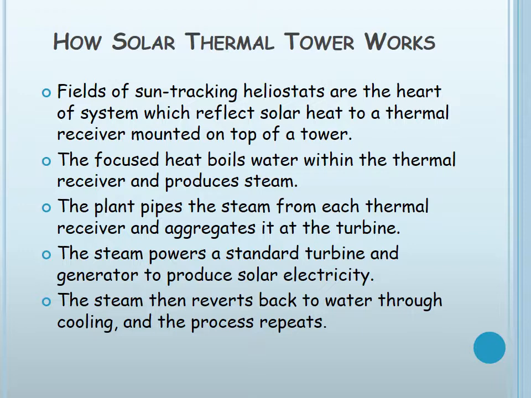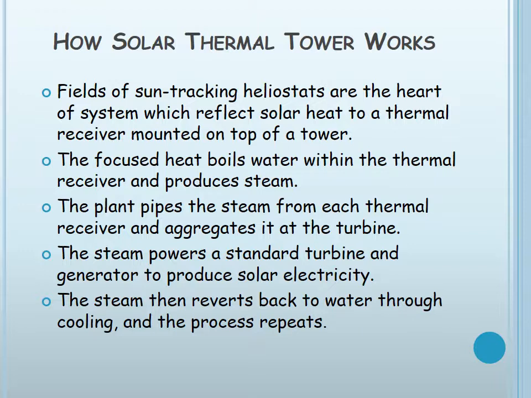So it's a simple technique. The heliostats take the sunlight and reflect it onto the tower. The tower contains fluid. Due to the heat, the fluid gets heated up, and the heated fluid flows through the pipe to the turbine and generates steam.